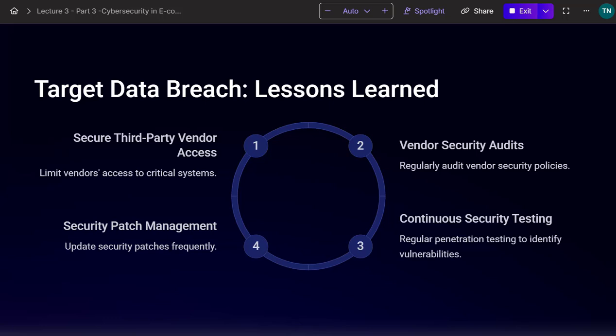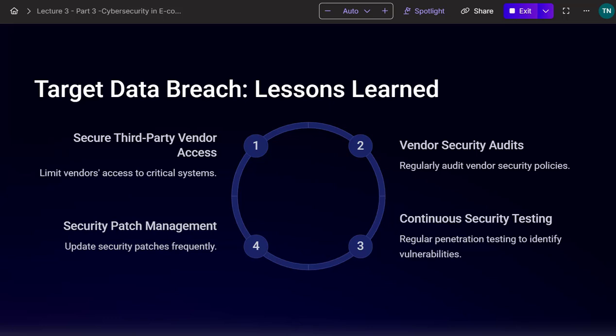Regular security audits of your vendors' policies and practices are essential to ensure they are maintaining robust security measures. Continuous security testing, including penetration testing, helps identify vulnerabilities that could be exploited by attackers. This allows you to address them proactively.